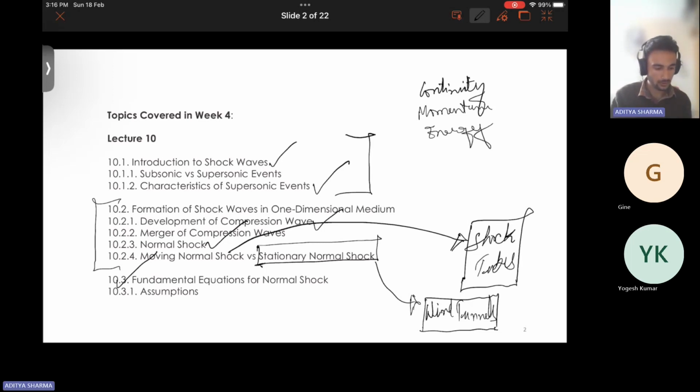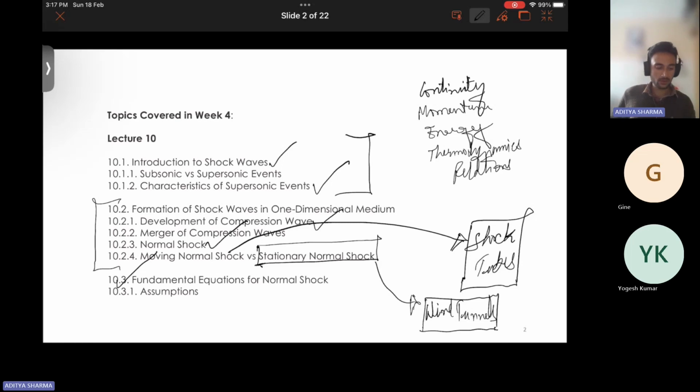And one more topic was discussed that I'm missing. Yeah, thermodynamic relations. So these things were discussed in this fundamental equations of normal shock topic.